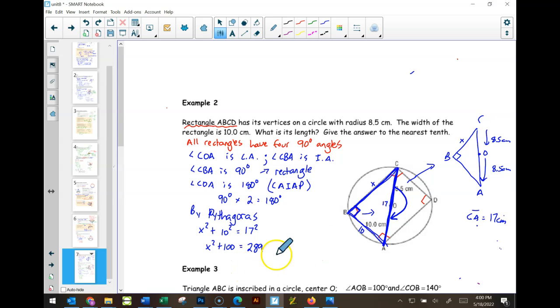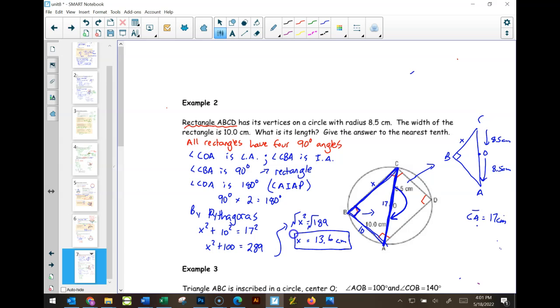From there, let's bring 100 to the other side. So we get X squared equals, subtract 100 from both sides, 189. Then we need to square root both of those. So X equals 13.6. Should probably check my math on that. I believe it is 13.6. Makes sense. Centimeters.